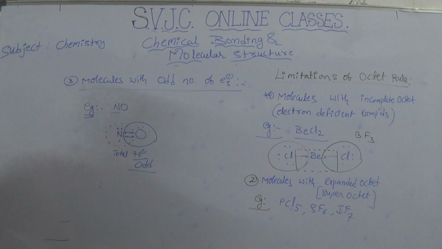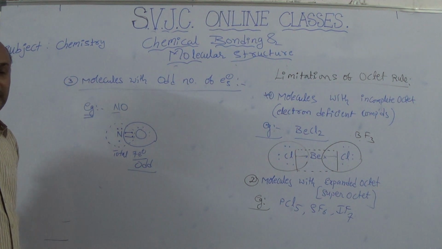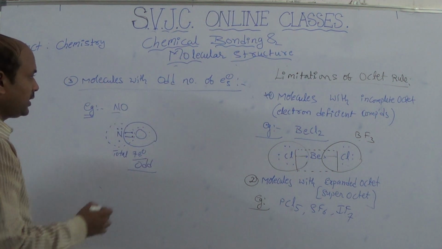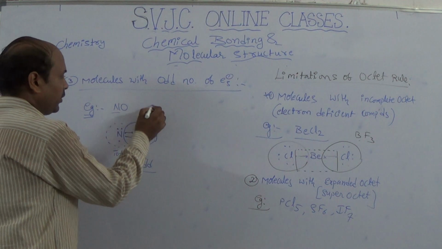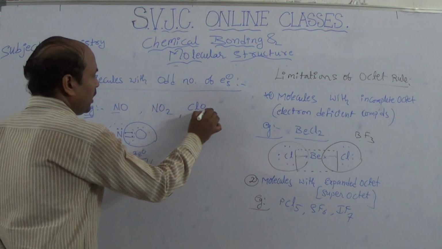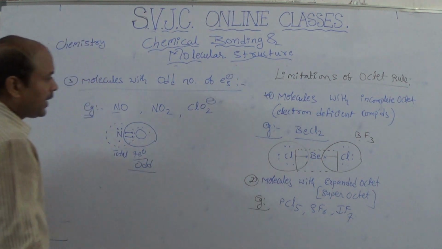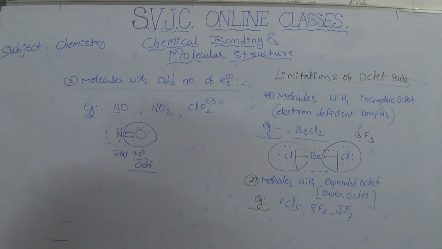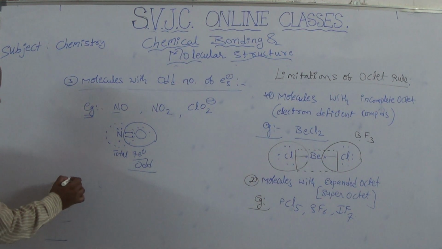So molecules like these do not obey the octet, but they exist. One more example: NO2, ClO2 minus. Molecules like these are also examples of molecules with odd number of electrons.